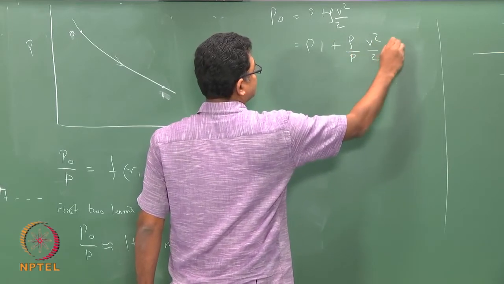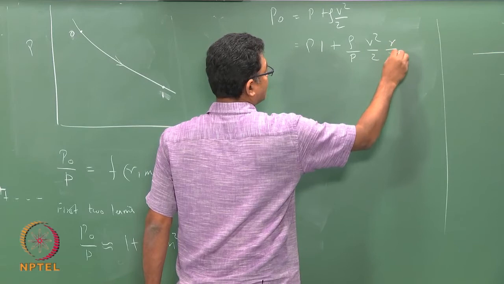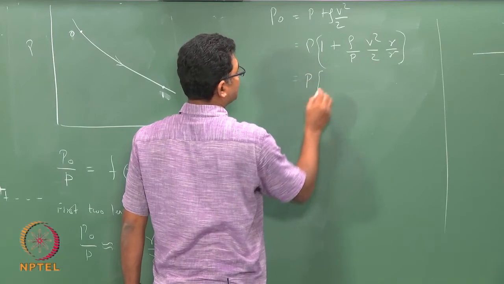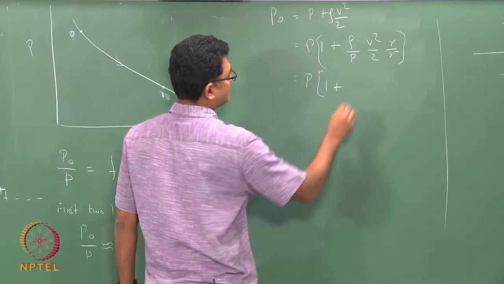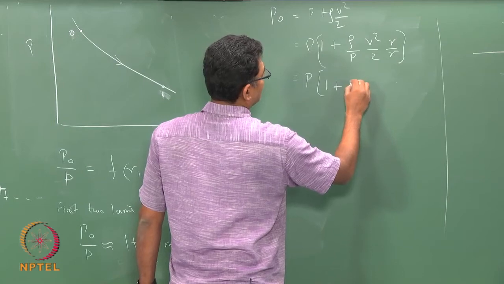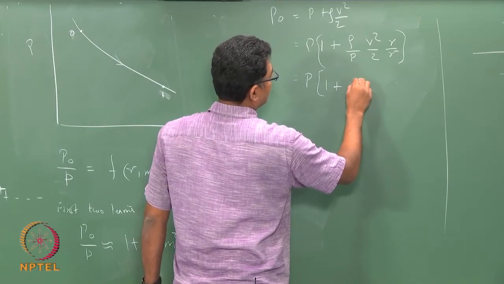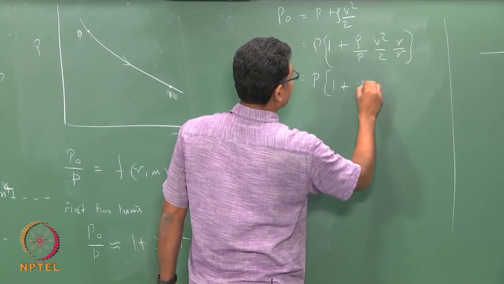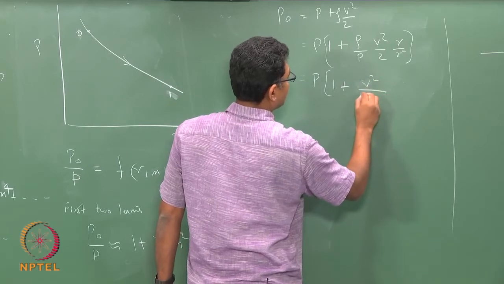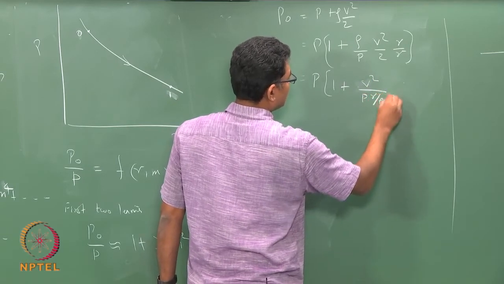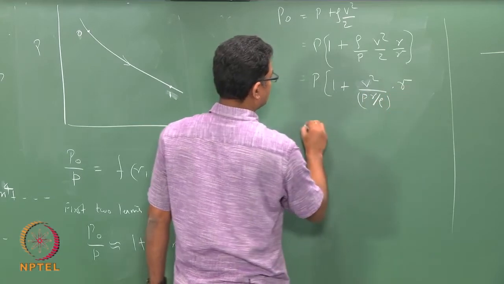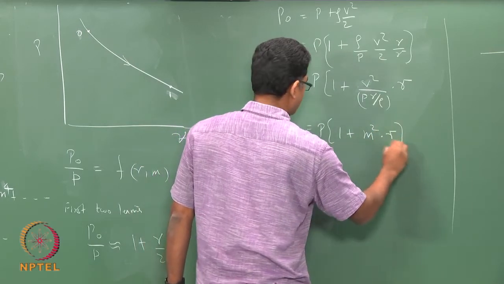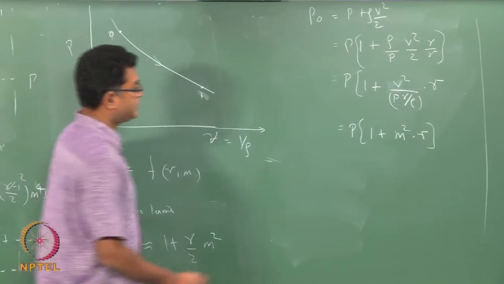I multiply both numerator and denominator by gamma. So, this would be P into 1 plus gamma V square by P gamma by rho into 2, which is nothing but 1 plus M square into gamma by 2.